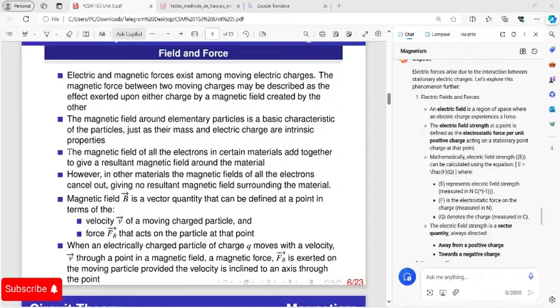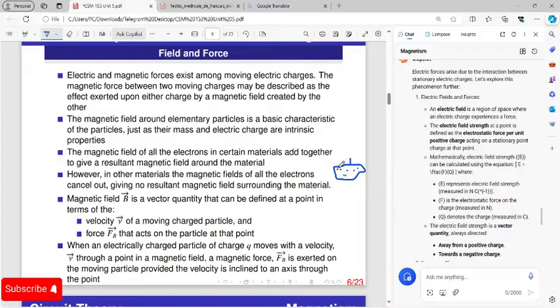Each electron's magnetic field sums up together to give us the resultant magnetic field of the magnet. So in case we have a small magnet like this, the magnetic fields of the electrons sum up to give the magnetic field of this magnet.